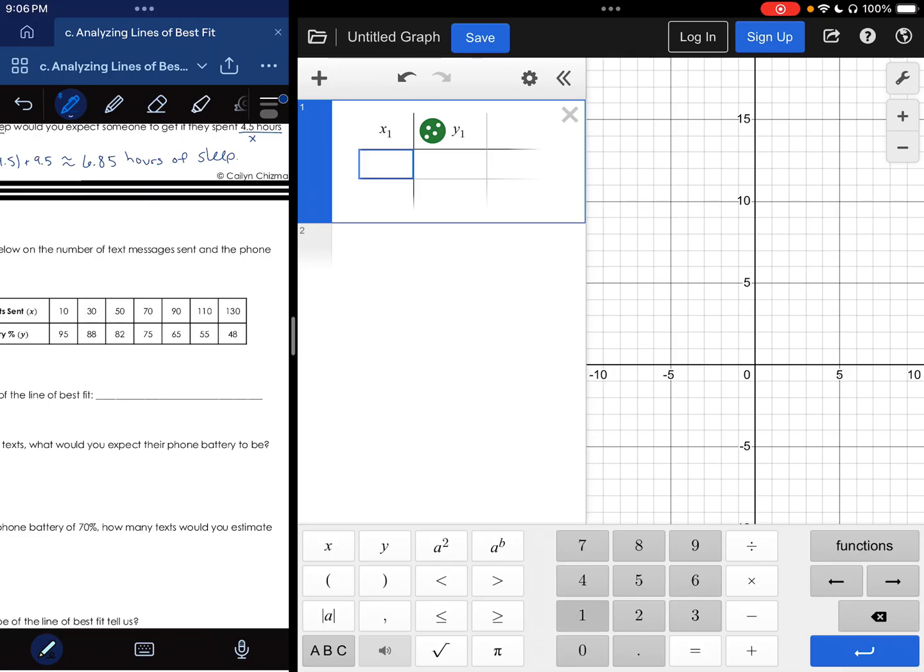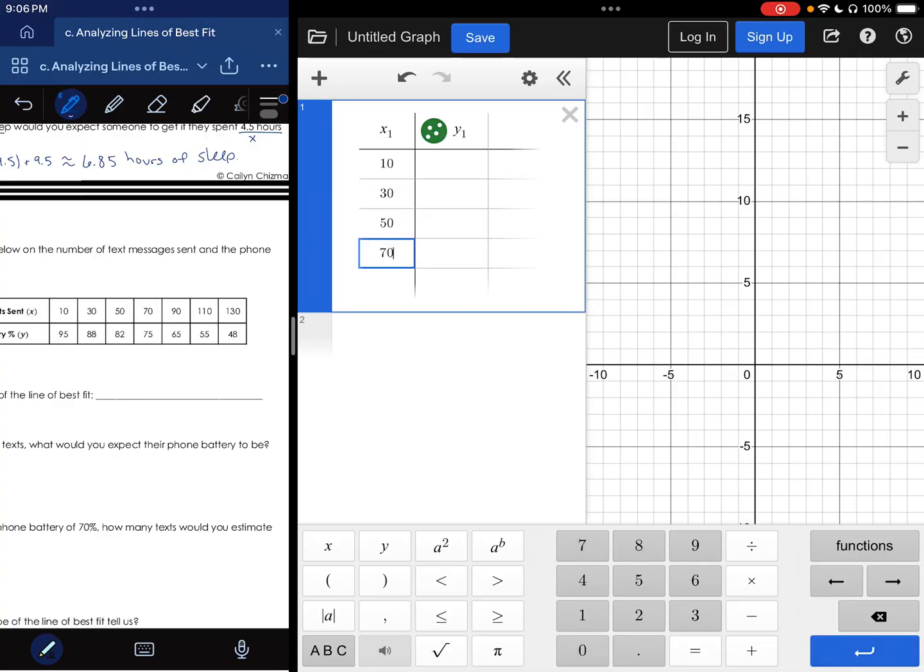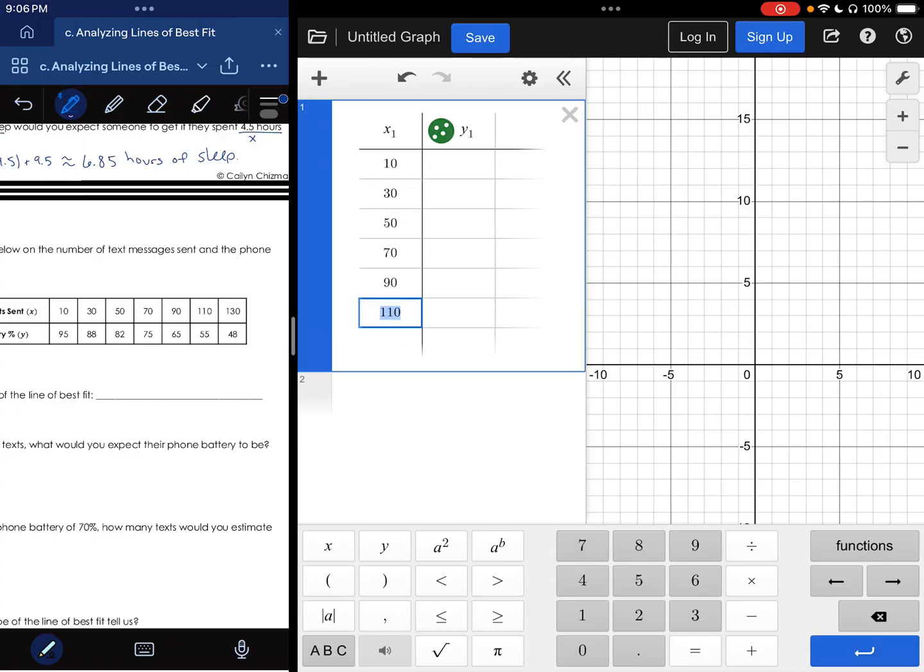And then you just take a moment, double check your data: 95, 30, 88, 50, 82, 70, 75, 90, 65, 110, 55, 130, 48. Cool. Now let's find the line of best fit. So again, with Desmos, I'm just clicking a button, y'all. So there you have it. All right, and so my line of best fit is all right.